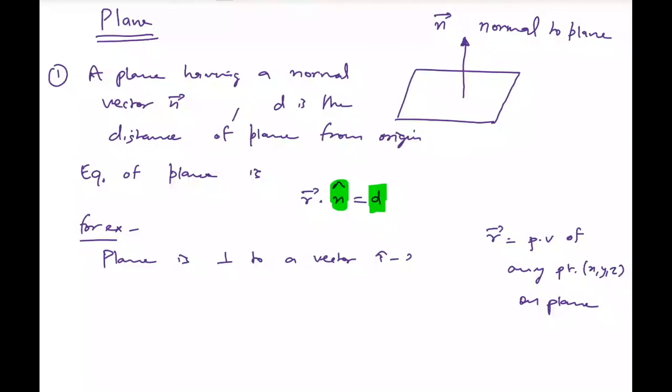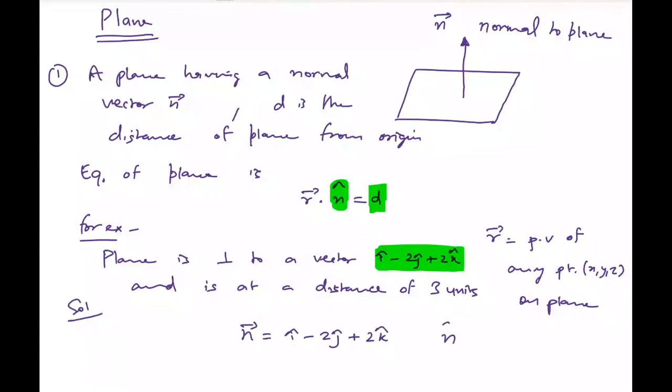What is given here? The plane is perpendicular to a vector. This is the vector which is perpendicular to the plane, that is, this is n vector, which is nothing but i cap minus 2j cap plus 2k cap.